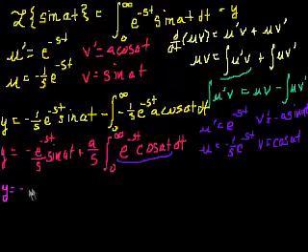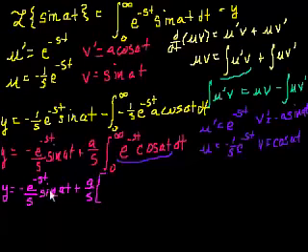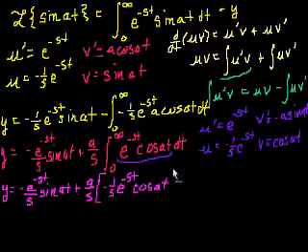Y is equal to minus e to the minus st over s sine of at plus a over s times, okay, integration by parts, uv, so that's minus 1 over s e to the minus st times v, cosine of at, minus the integral.